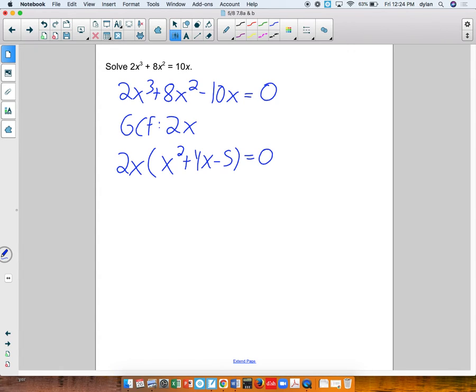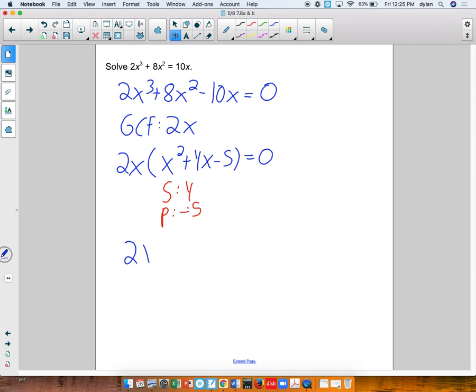That's actually pretty convenient because we can do our sum and product again, where our sum is 4 and our product is negative 5. So we need two numbers that add to 4 but multiply to negative 5. The multiples of negative 5 are basically just 5 and negative 1, or negative 5 and 1. And in this case, to add to 4, it would have to be 5 and negative 1.